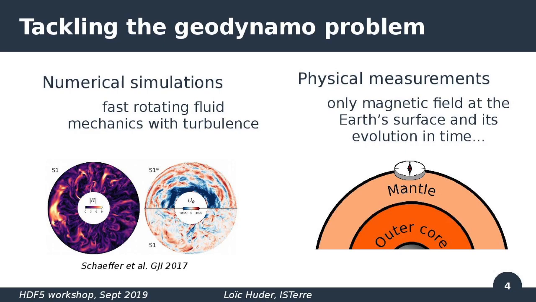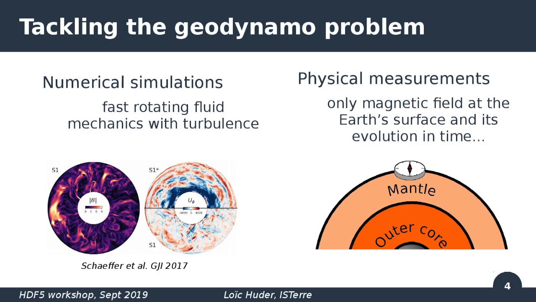But this is not perfect yet, because numerical simulations are really hard to perform: in the Earth we have a very fast rotating fluid with turbulence and, as I said, electromagnetism. So even state-of-the-art simulations, such as this one, where we have the magnetic field here with some turbulence and the core flow, are not able to reproduce all the features that we observe in the Earth's magnetic field.